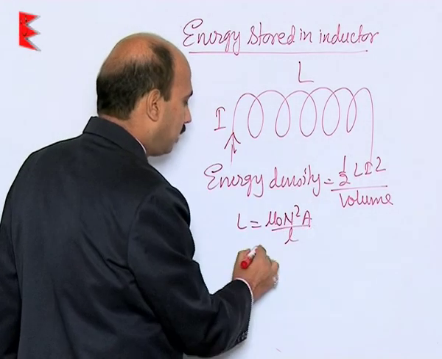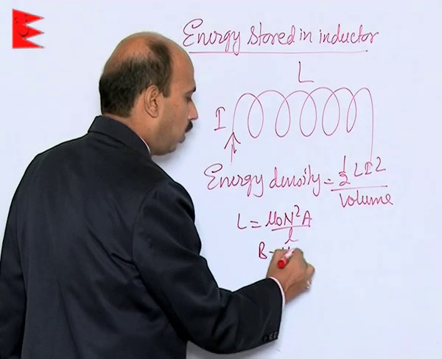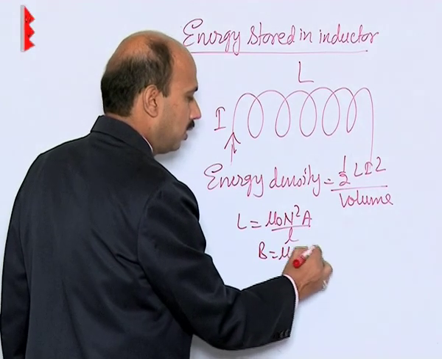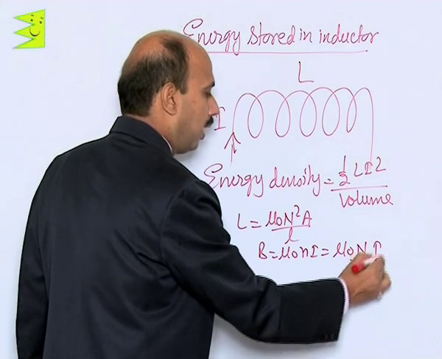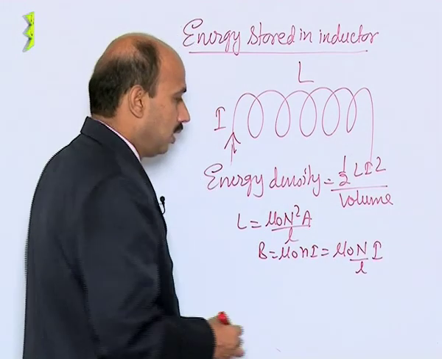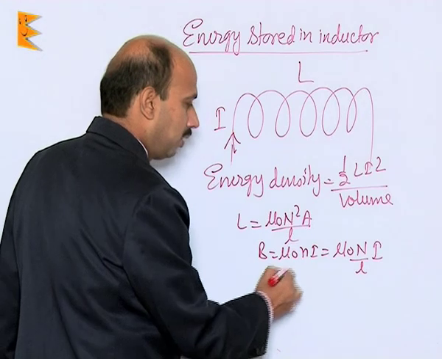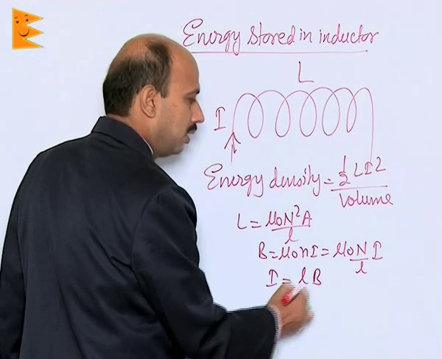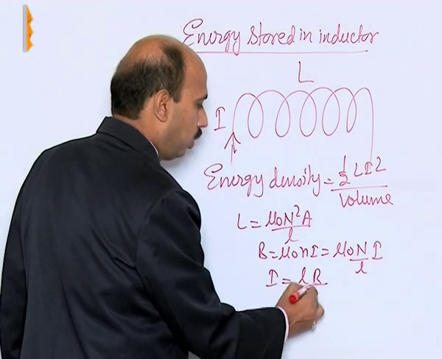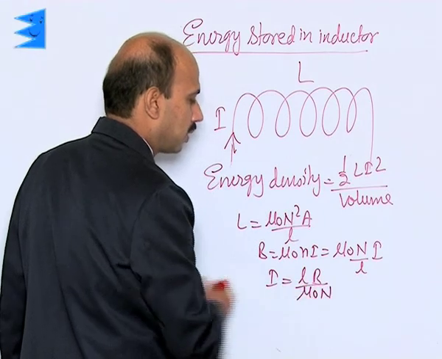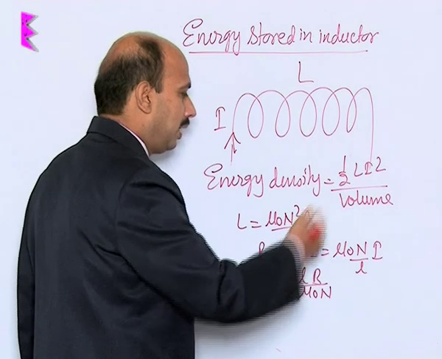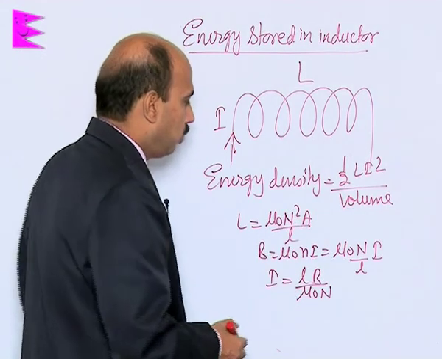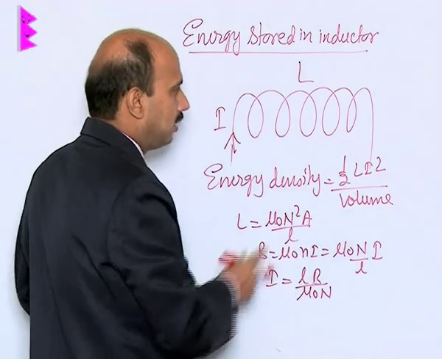And we know B is equal to mu naught n I. So, I can be written as B upon mu naught n. And volume we can write as area into length only.